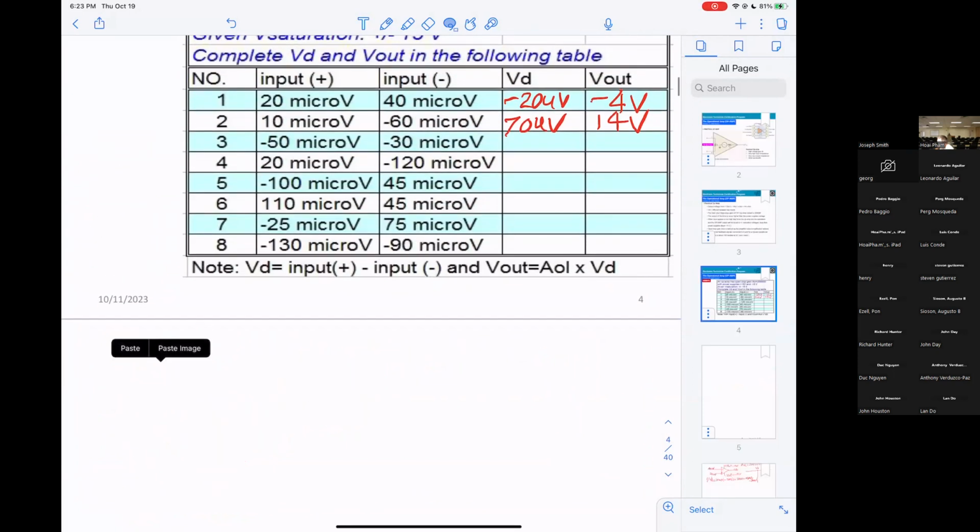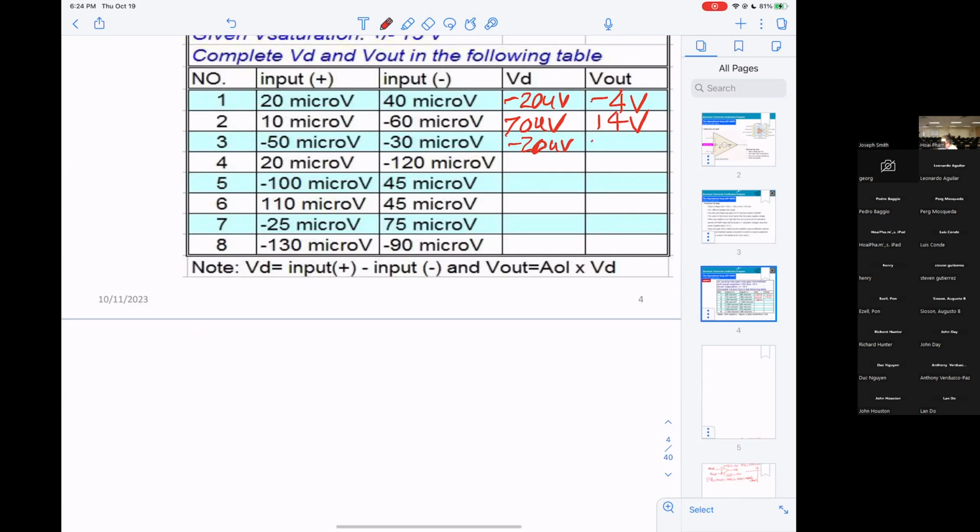Okay, go to number 3. Minus 20. Minus 20, right? The output will be the same, minus 4, right?